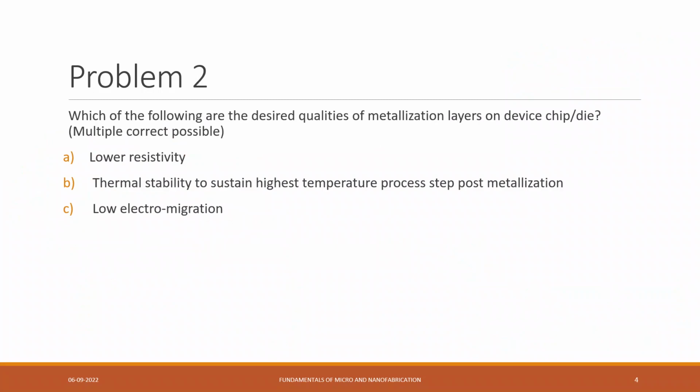This is problem 2. You have to select which of the following is the desired quality of a metallization layer on a device, chip or die. It is a multiple correct question, so multiple options can be correct. Consider all the options, and whatever you feel you can type in the chat box.